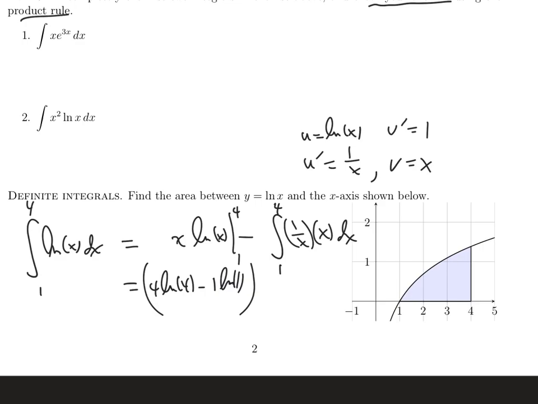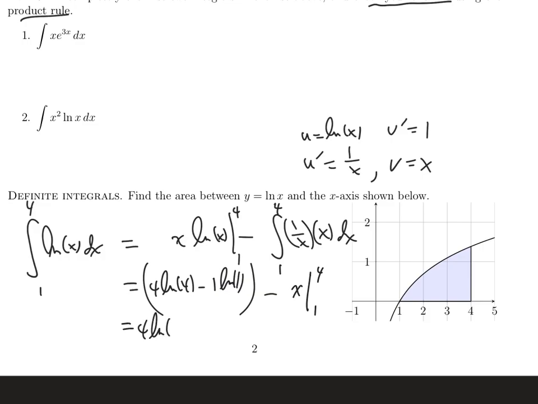So that's the evaluation of x log x from 1 to 4. Then minus the integral, this is the integral of 1. 1 over x times x is just 1. So that's the integral of 1, which is x, evaluated from 1 to 4.